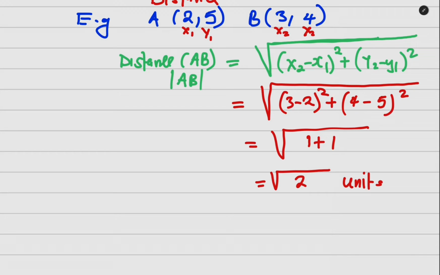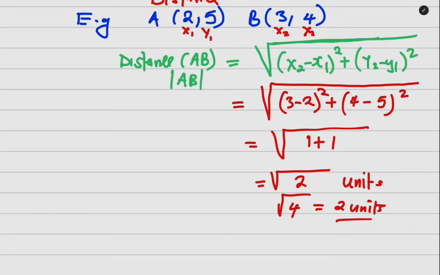But I can assure you that the numbers you'll be given will always bring out a perfect square. If it was a 4 inside there, we would find 2 units as the distance between 2 points. So what is important is the formula that you use to calculate the distance between 2 points.